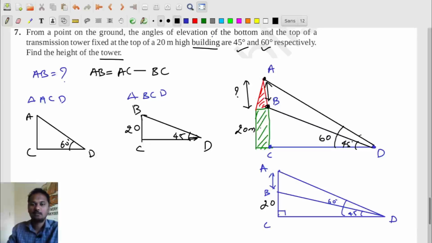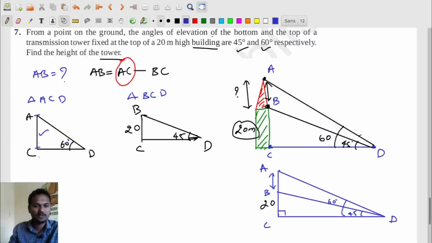BC we know, the length of BC is 20 meters. So our job is just to find the AC. Now how to find this AC? We have this AC in triangle ACD, but we can't find this AC from the available data, because we have a 60 degree angle here.